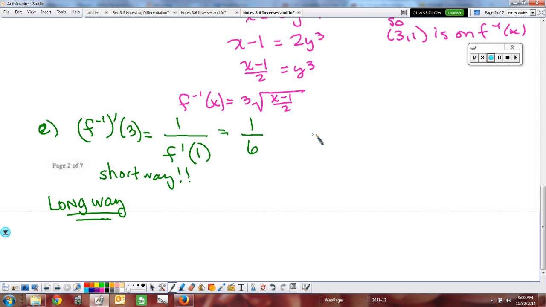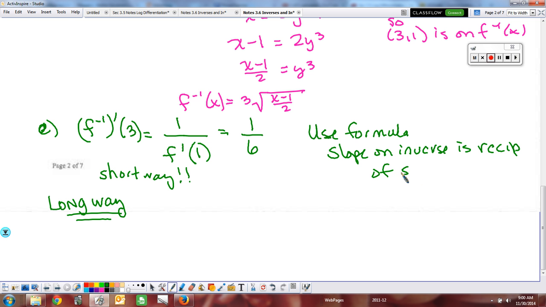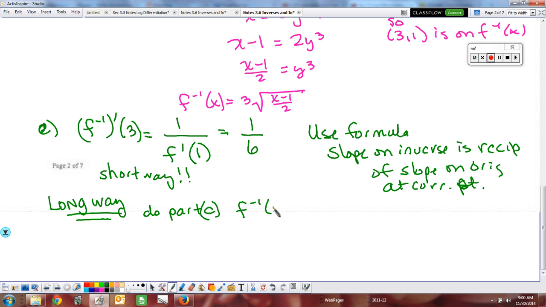Short way, use the formula: slope on the inverse is the reciprocal of the slope on the original at the corresponding point, which only required that I know what the corresponding point is and I know the slope on the original. Right? The long way would have been to first find f inverse of x. So the long way would have to do part C and get our inverse function.